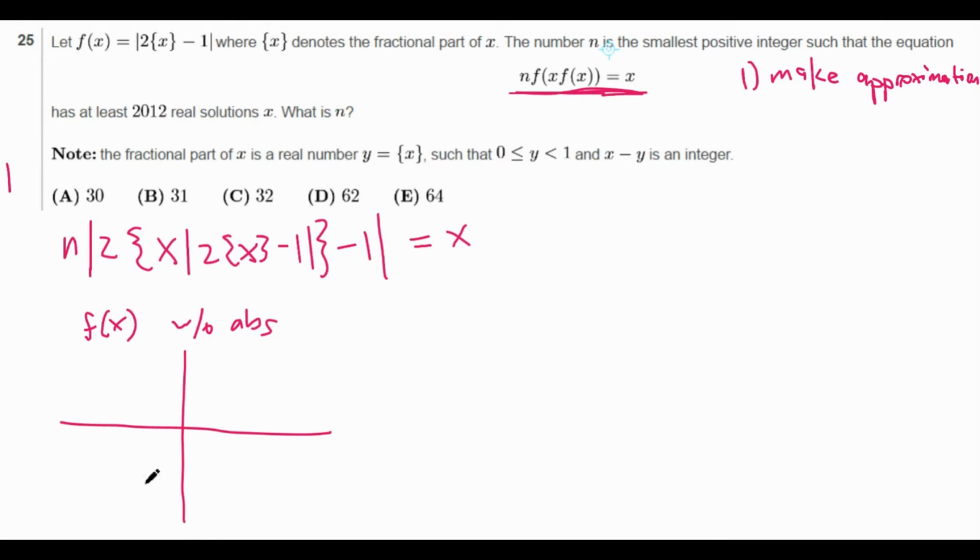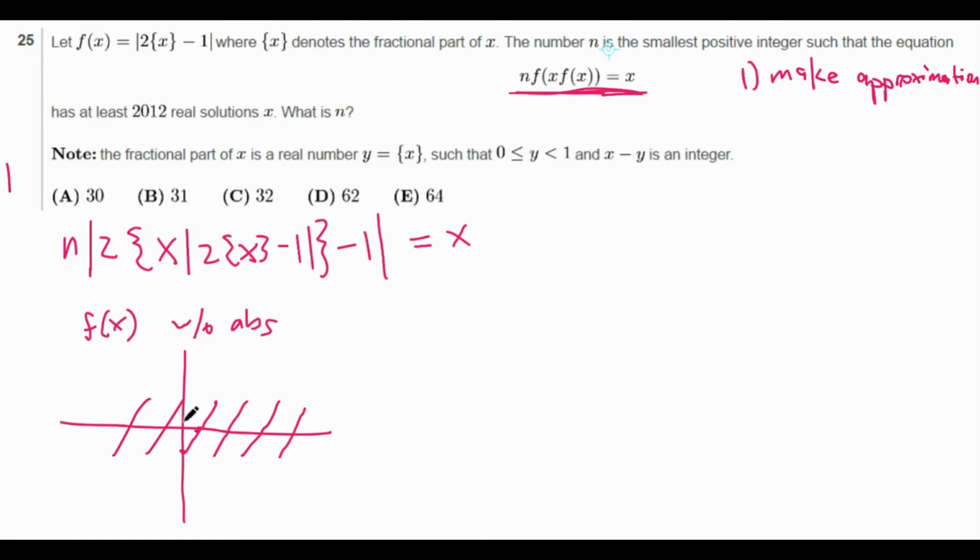If we plug in x equals 0, we get negative 1. x equals 1/2 gives 0. And x slightly less than 1 gives 1. So this part looks like that. And then after that, because the fractional part repeats, the graph looks like this.